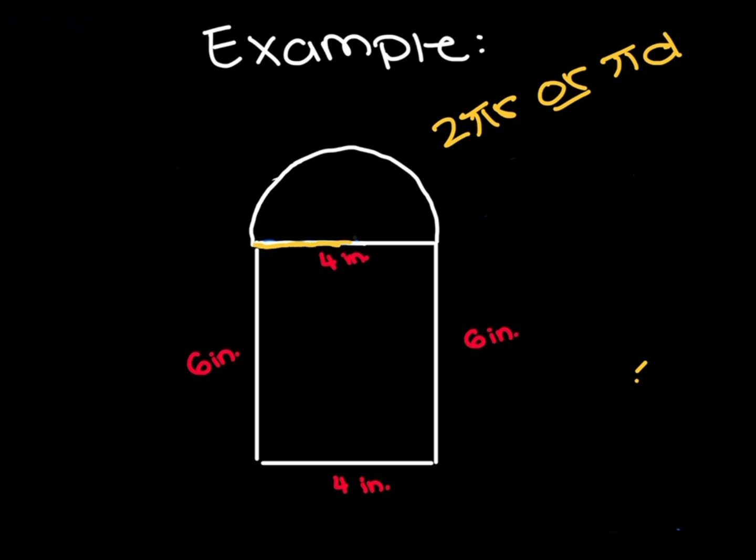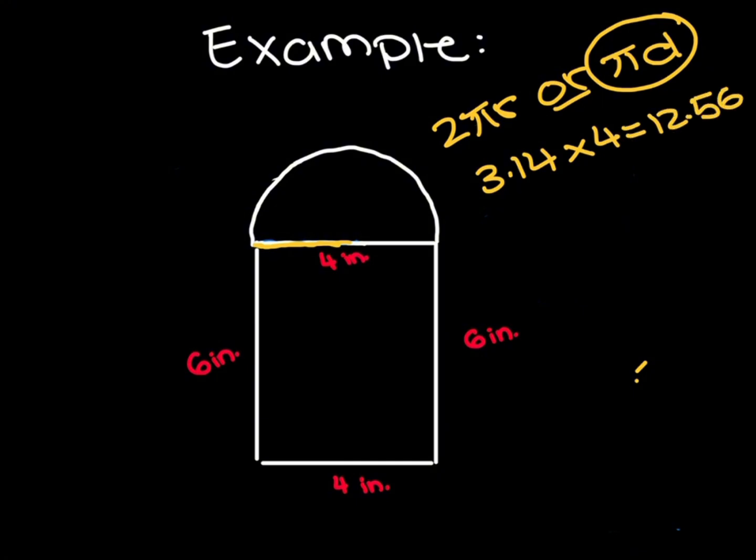So 2 radii add up to the diameter. So for today, let's just use pi times diameter. So 3.14 stands for pi times the diameter of 4 right here gets you 12.56 inches. But that's for the full circle. And to find half the circle, we do 12.56 divided by 2, which gets us 6.28 inches. And that's for half of a circle.